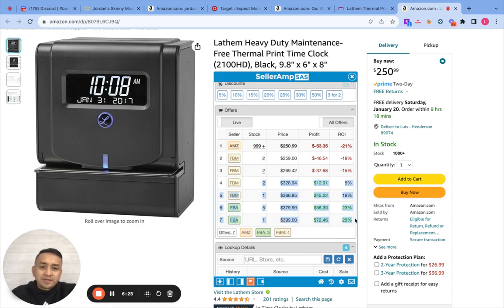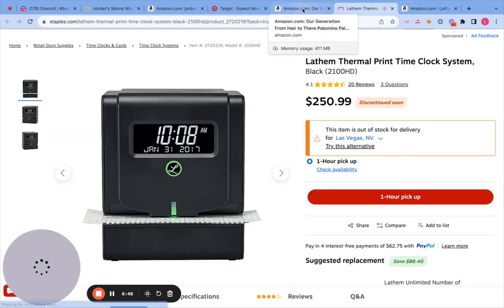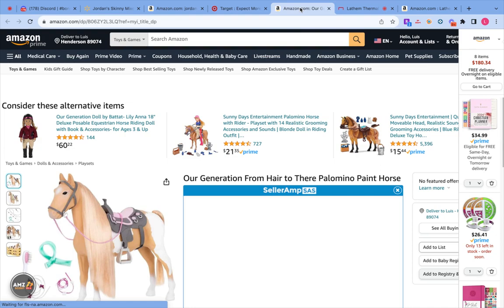But the problem is Amazon is on the listing, and Amazon has about 1,000 or more in inventory, and they're selling this at a lower price, obviously, which gives us a negative 20% ROI. So this one would also be a skip, and I would move on to the next product.